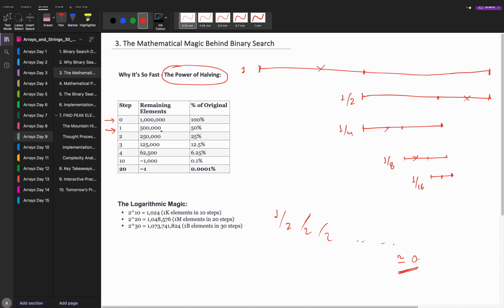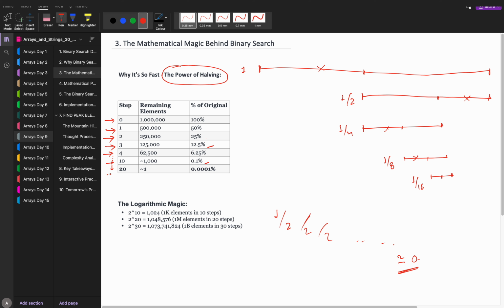At the very first step, it got reduced to half, 50%. Second step, half of 50%, 25%. Third step, half of 25% is 12.5%. Then fourth step, half of 12.5 is 6.25%. That is all that remains. Then by the 10th step, 10 power 6 has become 10 power 3 only, which is 0.1%.